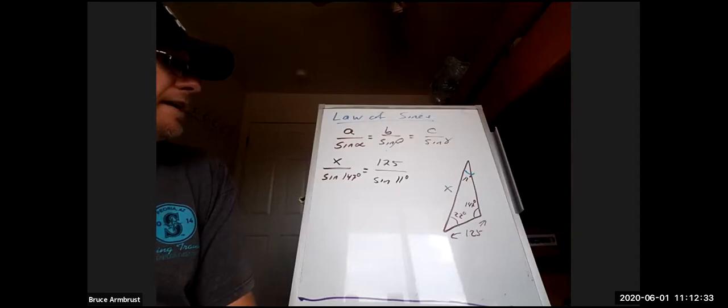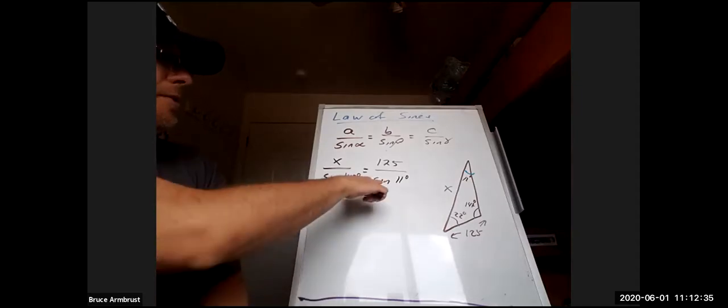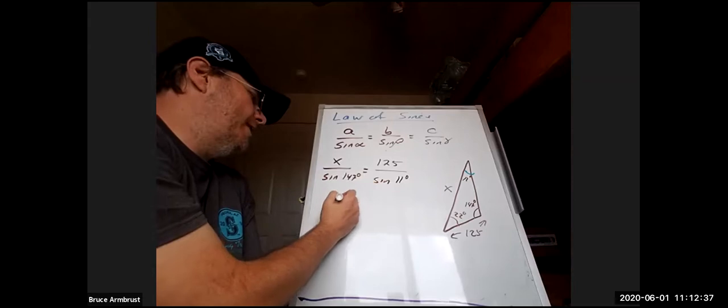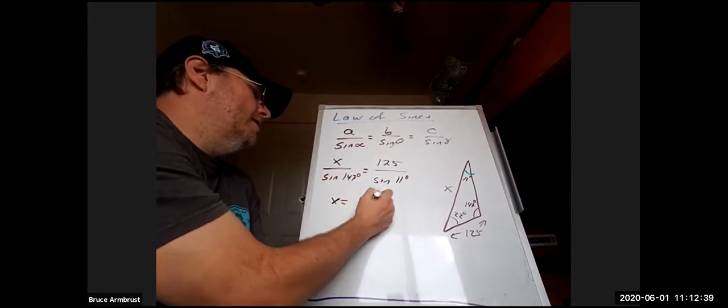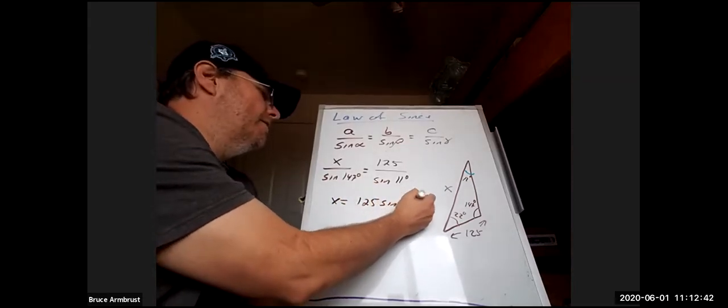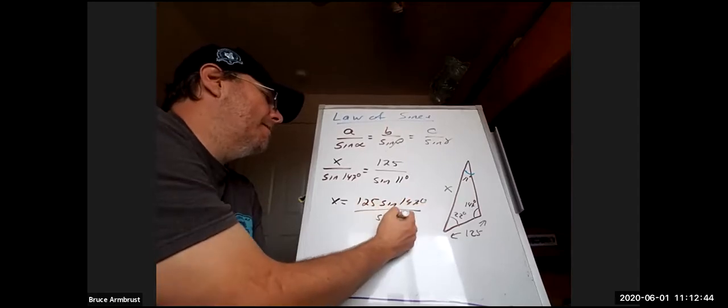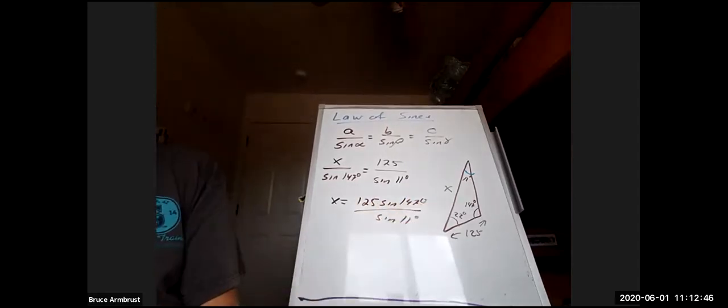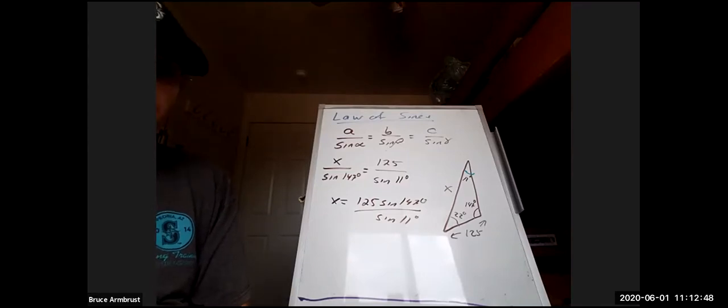All right, so that guy's 11 degrees. So we go ahead and put that in there, and now we've got enough information to get our x. So I'm going to leave it right here. Obviously, you can use your calculator to get a number, but that will be the length of this guy wire.